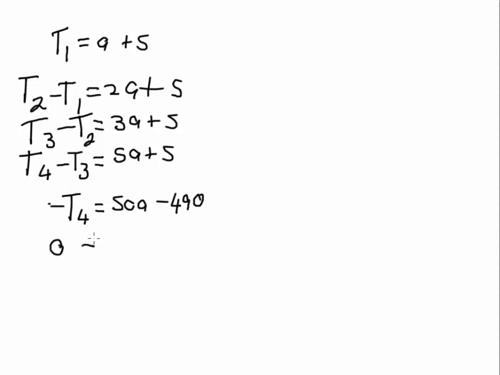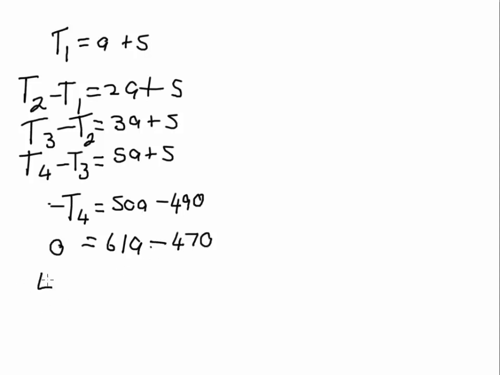This is going to be equal to A plus 2A, that's 3A, plus 3A, that's 6A, plus 5A is 11A, plus 50A is 61A. And then minus 490 plus 5 plus 5 plus 5 plus 5 basically means negative 490 plus 20 gives me negative 470.